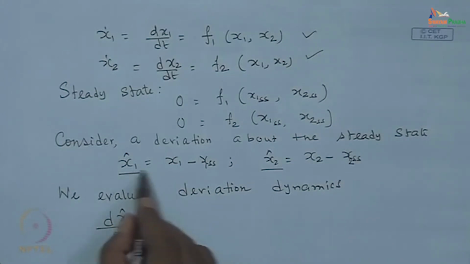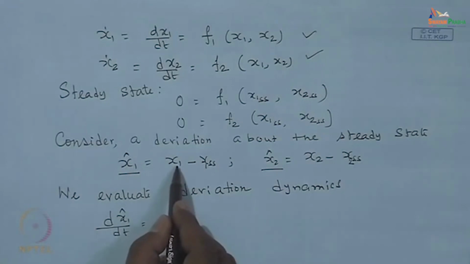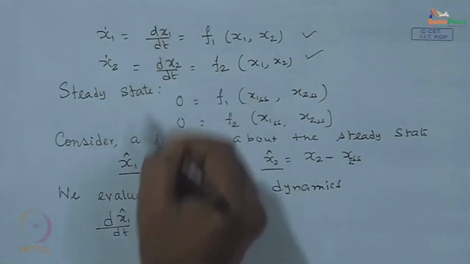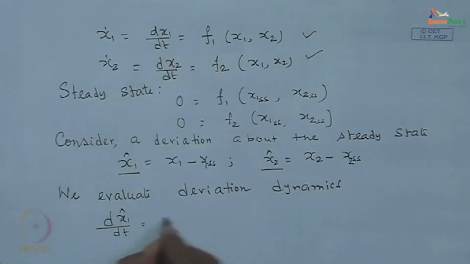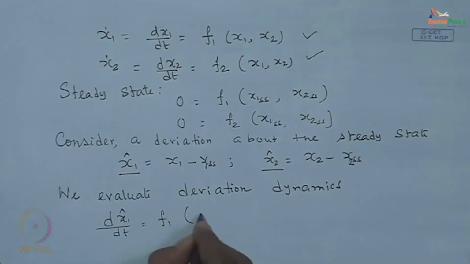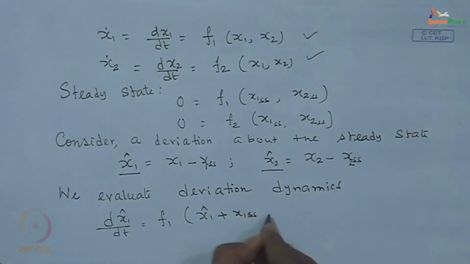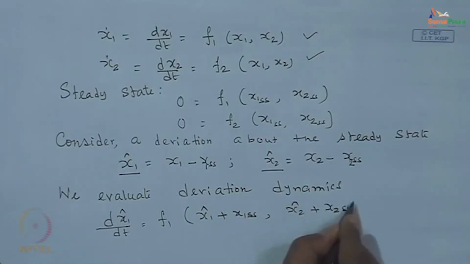In fact, if we differentiate this equation with respect to t, dx1 dt is identical to dx1 hat dt. So, this will be nothing but function f1 of x1 hat plus x1 ss and x2 hat plus x2 ss.